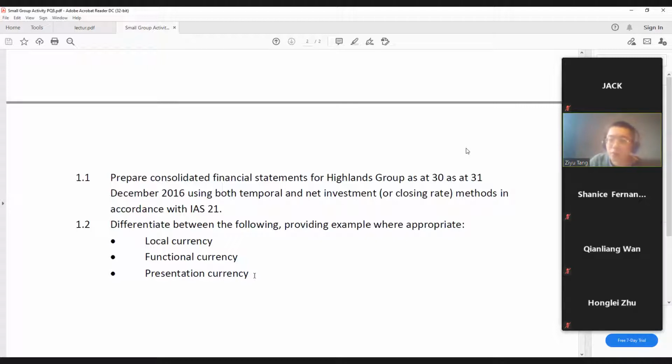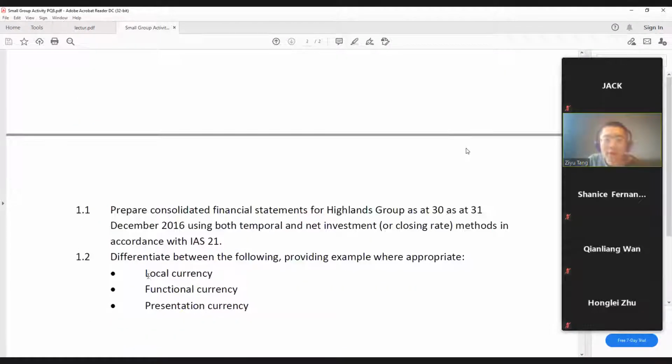You first introduce what local currency, presentation currency, and functional currency each represent, and then you have a detailed discussion on how to select each of those currencies, like how to select local currency and functional currency. The only currency that is a little bit complex is functional currency. For presentation currency, the selection is very straightforward, very simple.